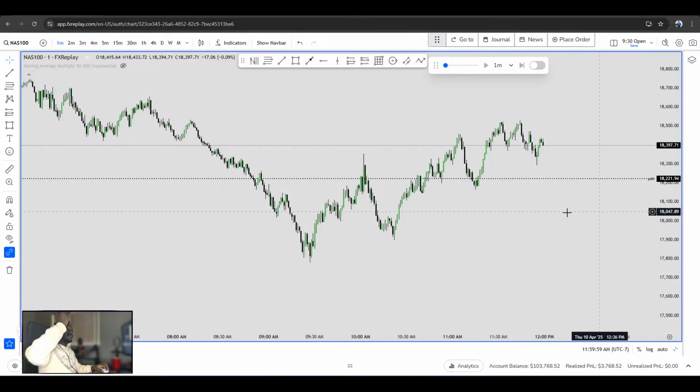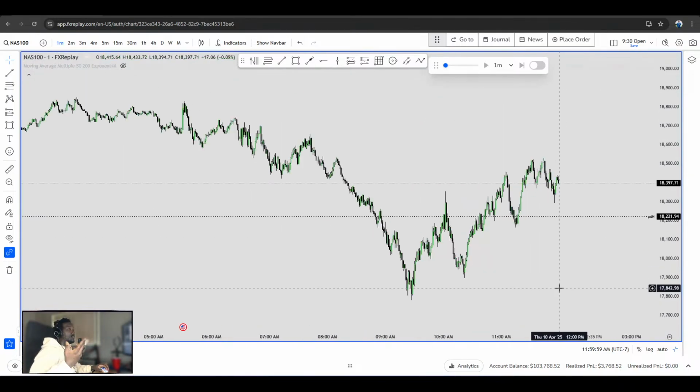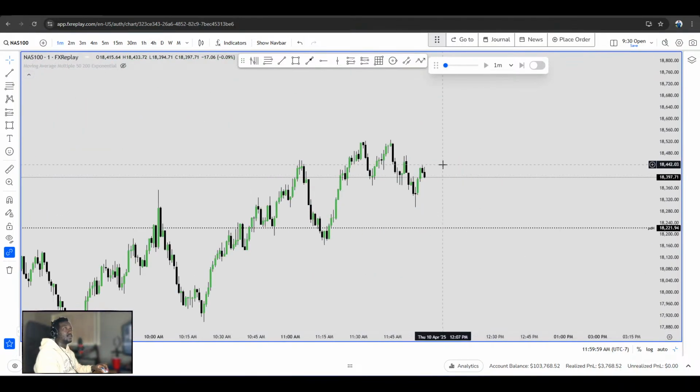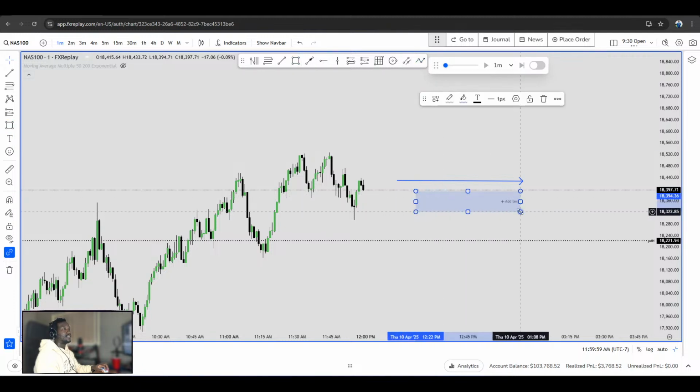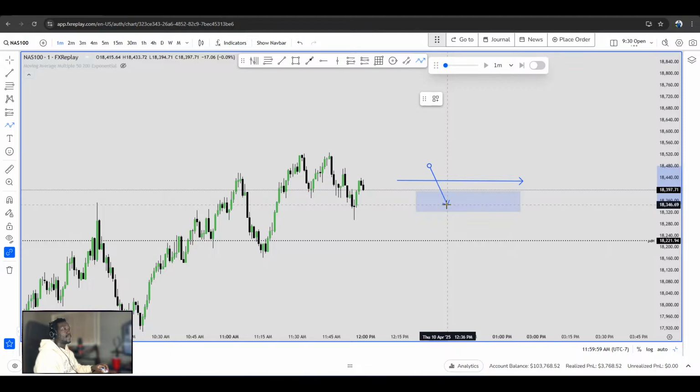But if you follow me so far, you can see that our strategy is simple. All you gotta do is learn about that breaker stuff, and pretty much what I'm looking for is a level that we can trade to, like that. And then I'm looking for, let's say, a fair value gap here, or a point of interest which I think is a strong support, and then we just need to trade to it, right?